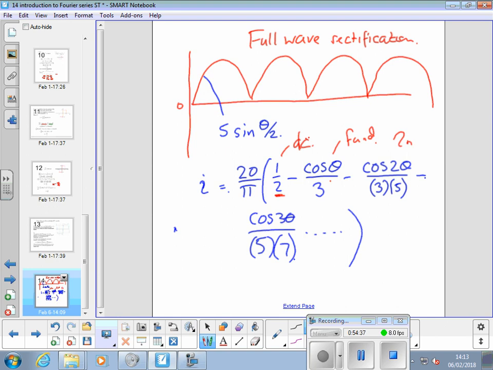Second harmonic. Third harmonic. And so on. So in this series we've got no sine terms, we've got cosine terms, and we've got both even and odd cosine terms.